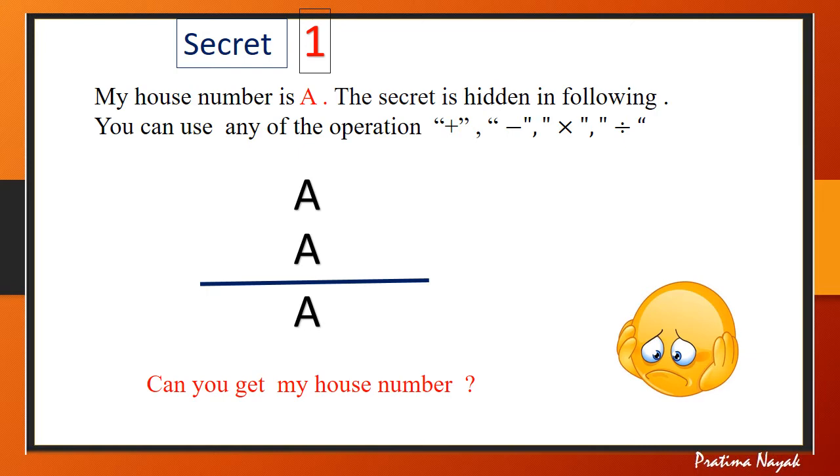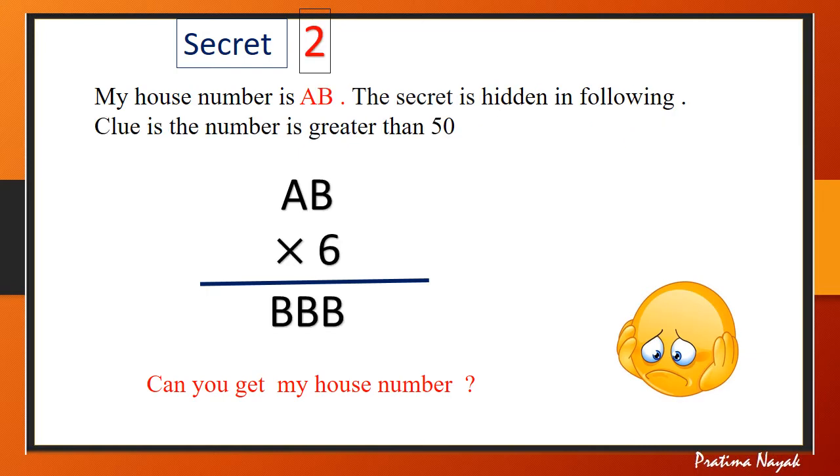But when A and A are operated, we get A. Can you get my house number? You can pause the video, find the answer, and then go to the second one. There will be 6 secrets, and after all the questions, I will reveal the answers.